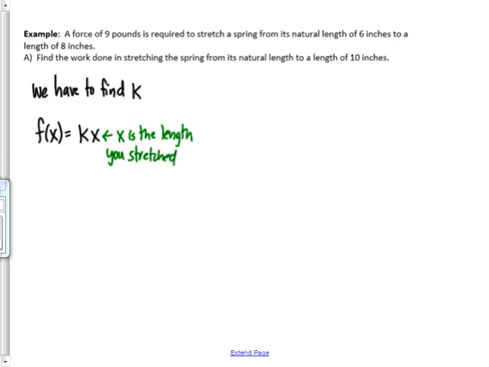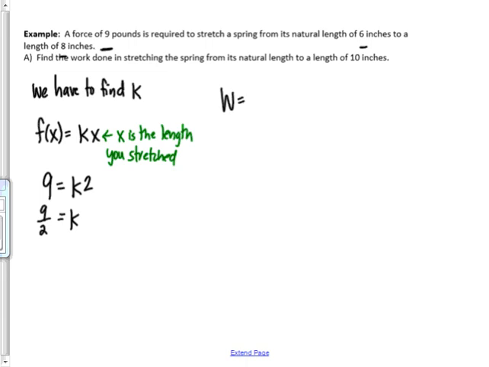If you read that first sentence, it says a force of 9 pounds is required to stretch the spring from its natural length of 6 to a length of 8. So I stretched it 2 inches. And if I solve for K, K is 9/2.